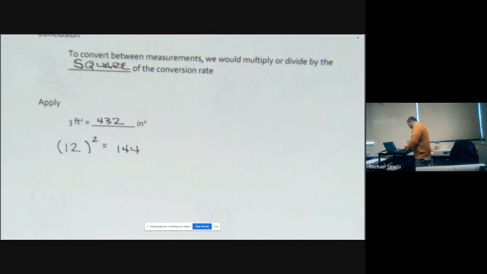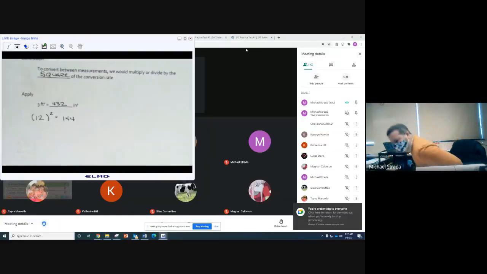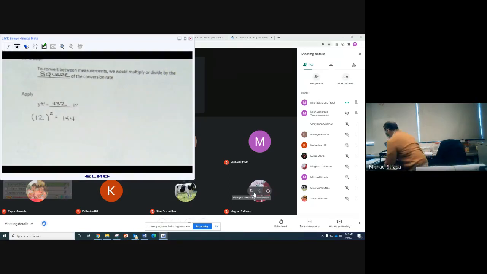All right. So here's the idea. Rhombus and a kite. Rhombus.